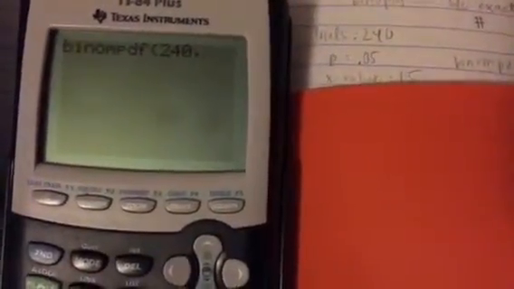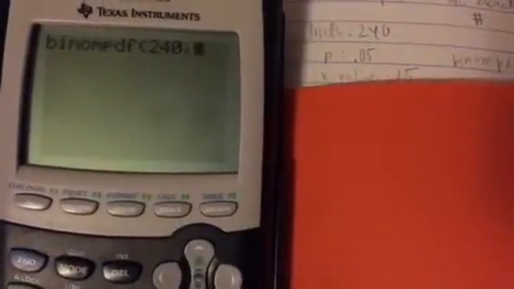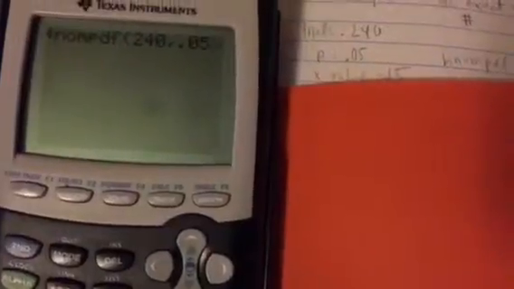Then probability, so 0.05, because that's the probability of them being brown. And then the x value, which would be 15, because that's the exact number that I want to be brown. Okay, so then I just press enter, and I get 0.073, and I write that there.